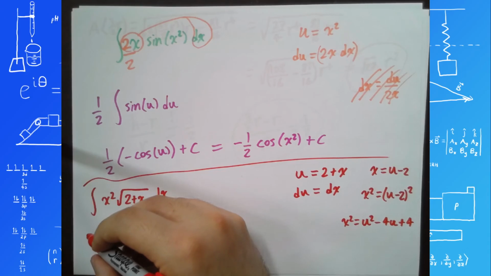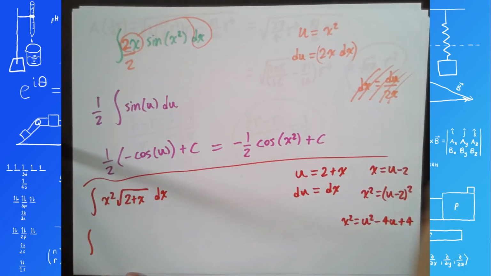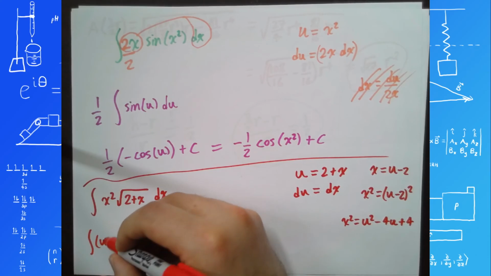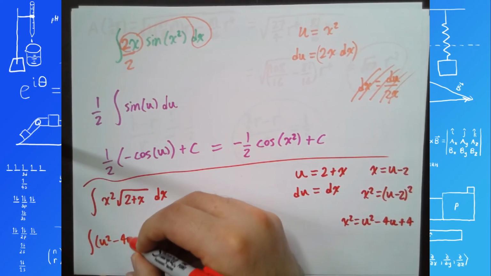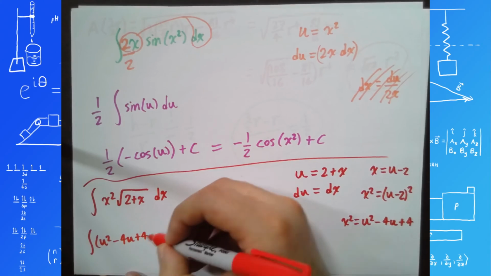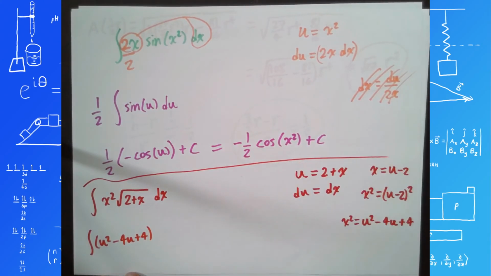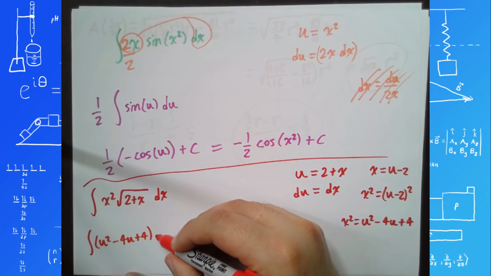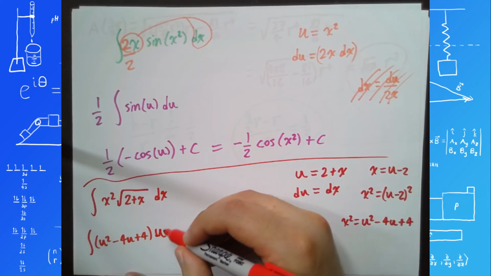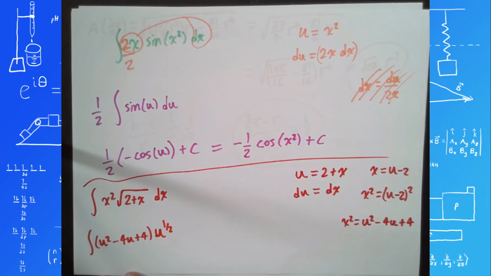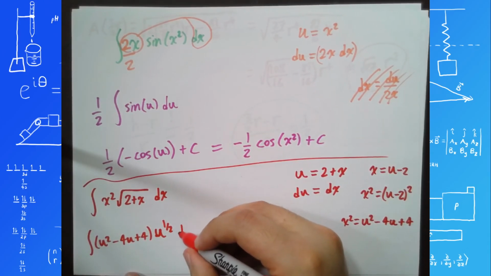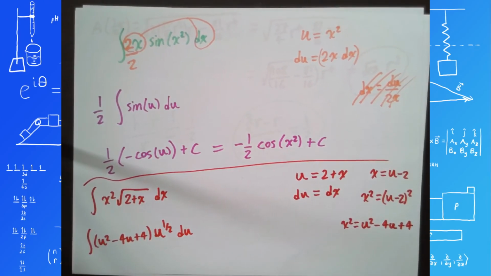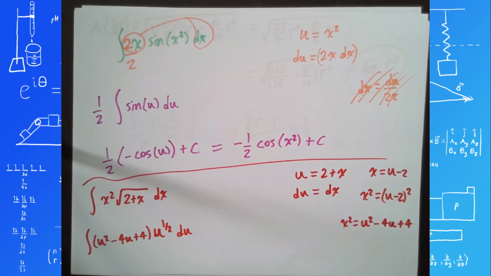Okay, so we can rewrite this as the integral of x squared becomes u squared minus 4u plus 4, times the square root of 2 plus x just becomes the square root of u, which I'm going to rewrite as u to the 1/2, times dx just becomes du. And distribute the u to the 1/2.